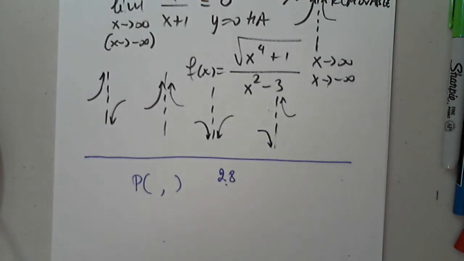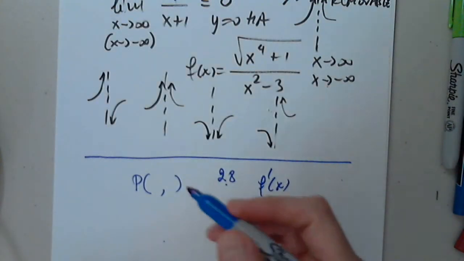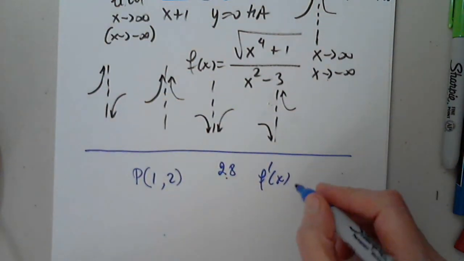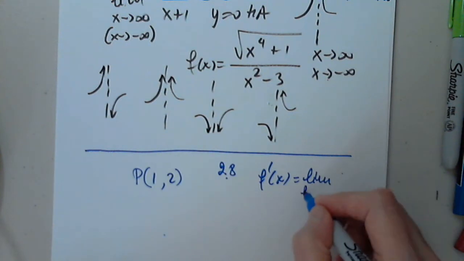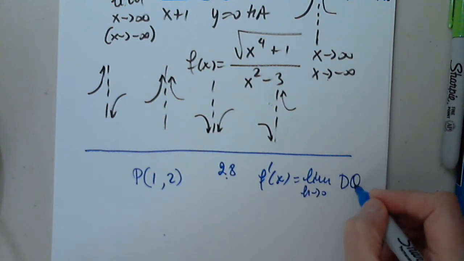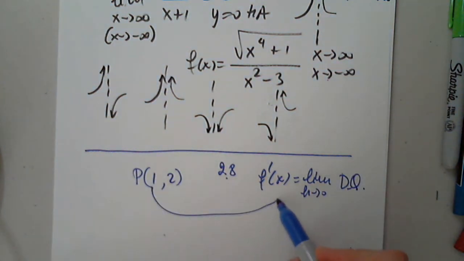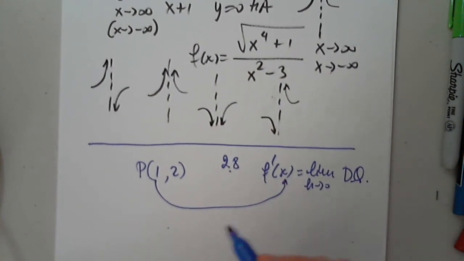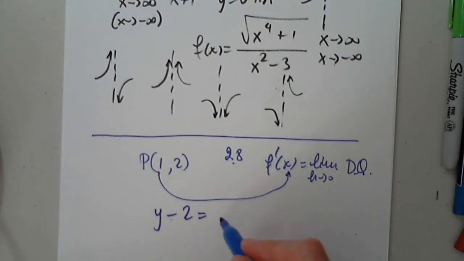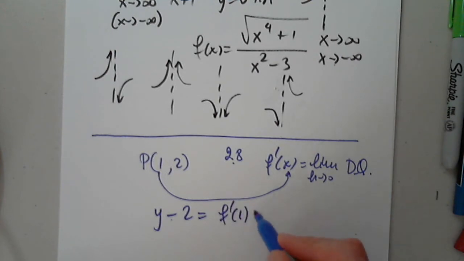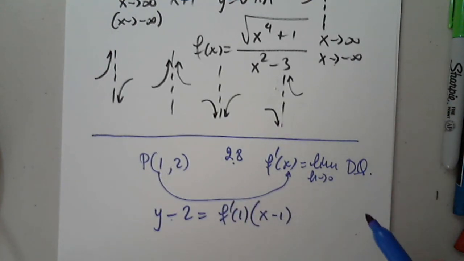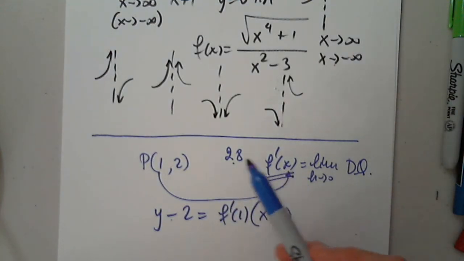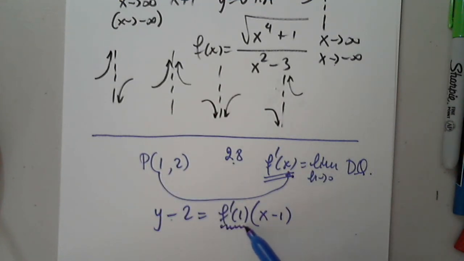But all you have to do is just find f prime. So if I have (1, 2), I find f prime with the limit as h approaches 0 from the difference quotient, and then I plug in 1. So I have y minus 2 equals f prime of 1 times x minus 1. So once you find the derivative function, you plug in 1 and you get this number.